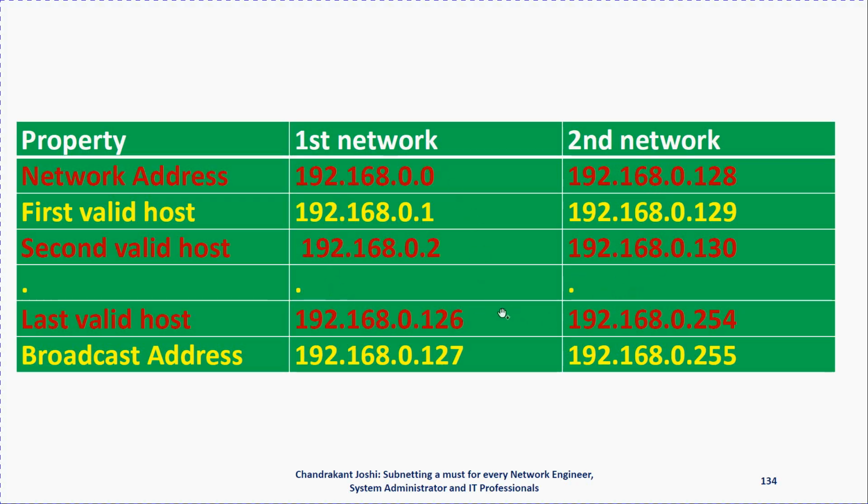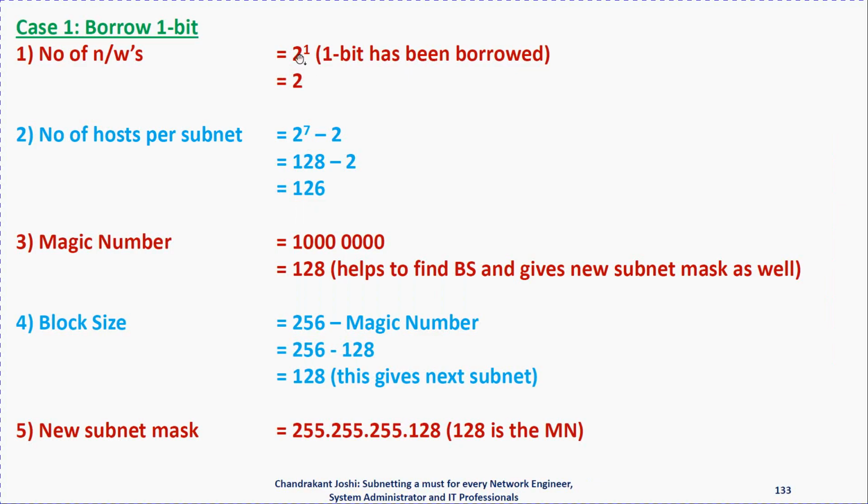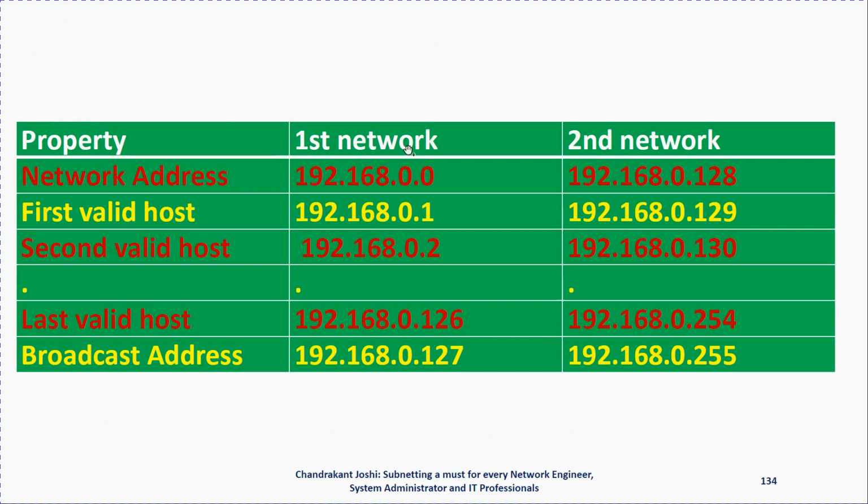How did I get these two subnets? By borrowing one bit. So we can say that if we borrow one bit from the host portion, we always get two networks. Now earlier, when nothing was borrowed, there was one single network, and that single network had 254 hosts. Now these 126 are the valid hosts in the first network, and another 126 are the valid hosts in the second subnet or the second network.